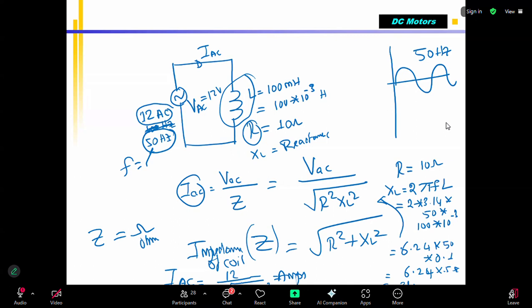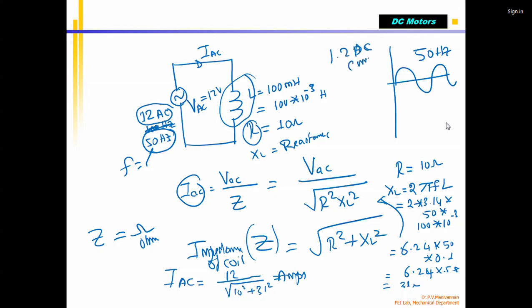Definitely it will be less than the DC current of 1.2 amps. When I apply DC voltage versus AC voltage to the same coil, the current reduces. So 12 divided by the square root of 10 square, which is 100 plus. Let us calculate. Somebody can tell, do you have a calculator?